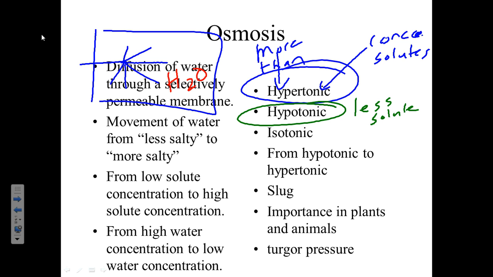All kinds of stuff. Sugars, proteins, salts. Lots of what inside your fingers? Lots of solutes. How does water move? From where there's less solutes to where there's more solutes. From where there's a higher concentration of water to where there's a lower concentration of water inside your fingers.